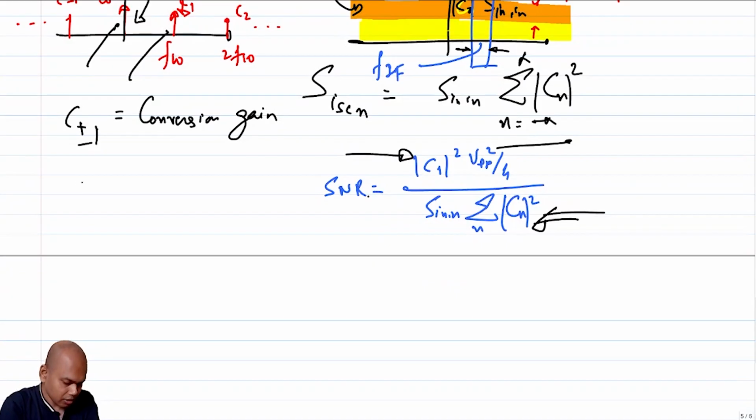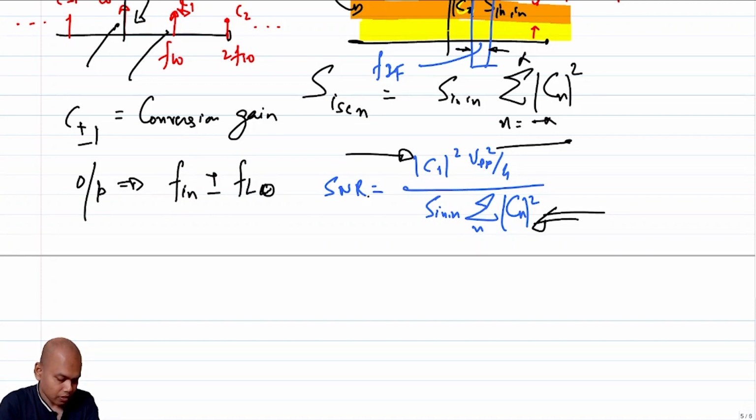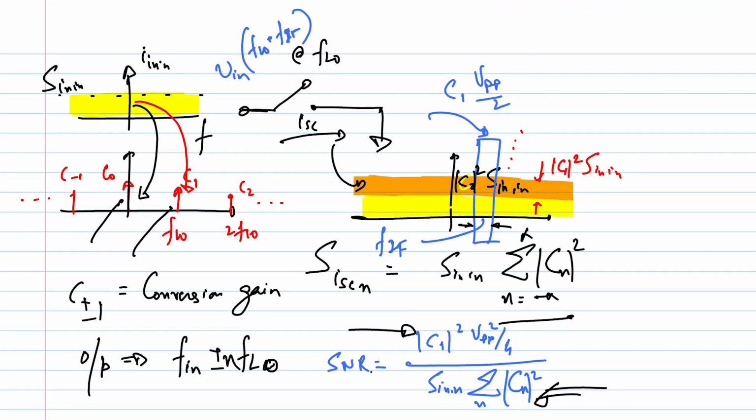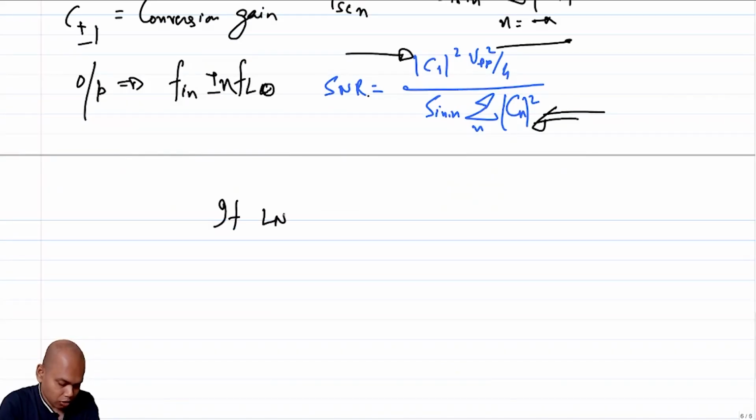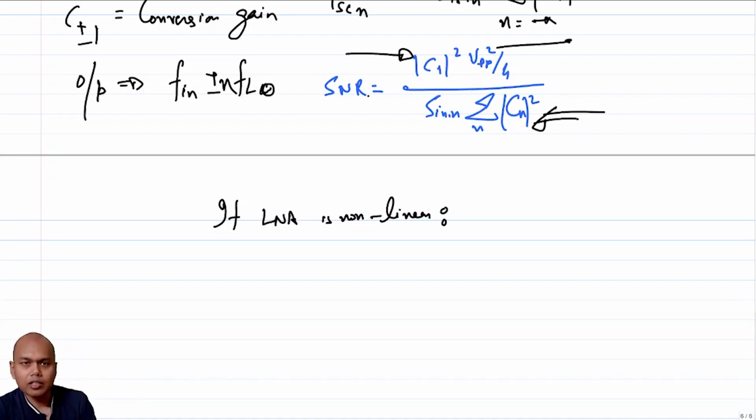In general, the frequency of the output, if I assume the LNA is perfectly linear, will be Fin plus minus M FLO. This is assuming the LNA is perfectly linear. But if the LNA is also non-linear, which is almost always the case, then you are going to have harmonics of Fin.